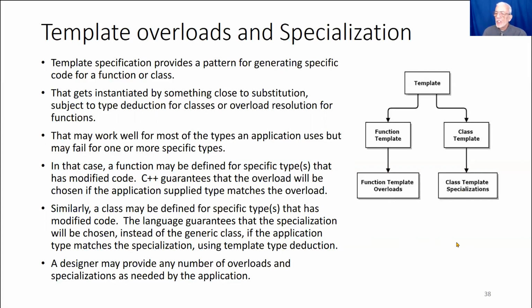And the language guarantees that if the template type matches a specialization, it'll compile the specialization. If the type doesn't match any specialization, then it'll compile the generic type. And again, this is just a nice way of extending the range of those template classes.